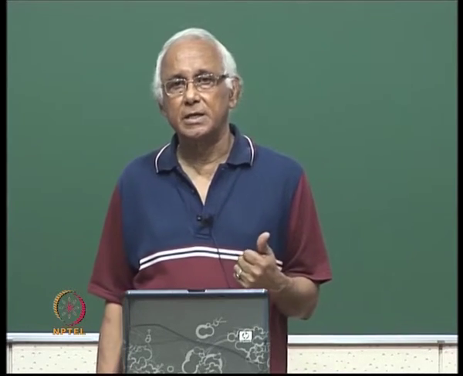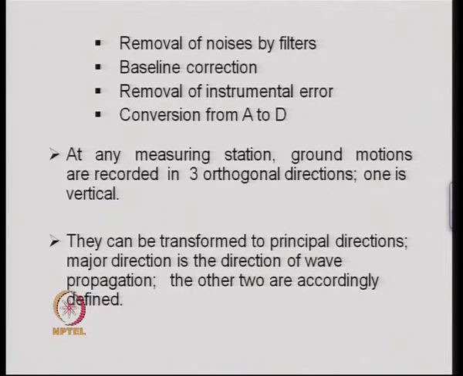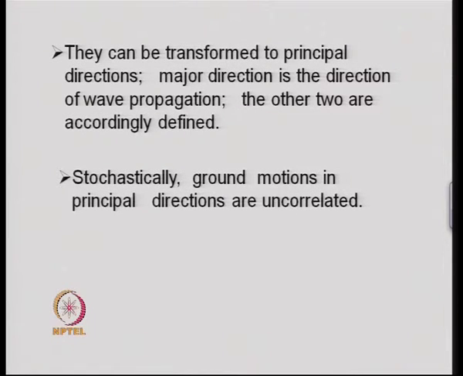One measured direction is the direction of the wave propagation, and the other two are accordingly selected. They can be transformed to principal directions by assuming that the ground motions in the principal directions are uncorrelated. In fact, this is true when we describe the ground motion stochastically.